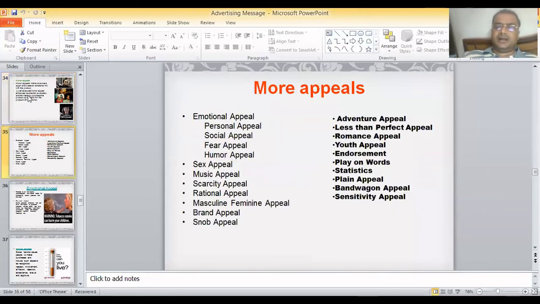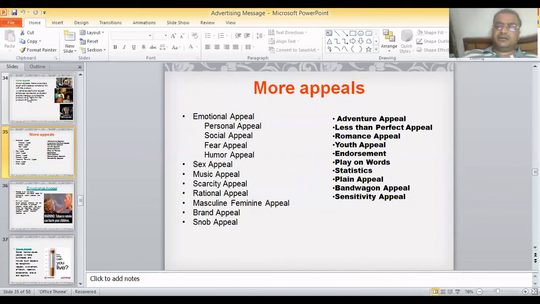Then there are some other appeals like adventure appeal. Adventure appeal, you can see in something like Woodland, which shows adventure. Then there is youth appeal. Youth appeal you can see in Pepsi ads.